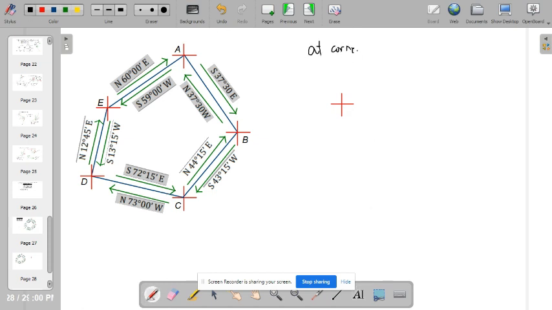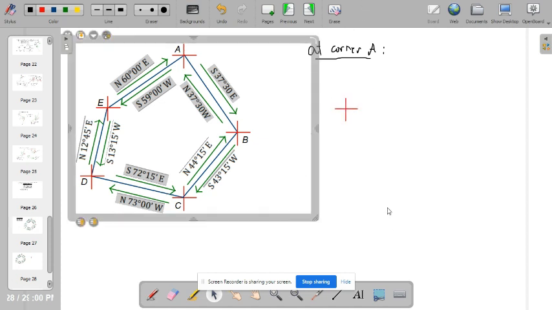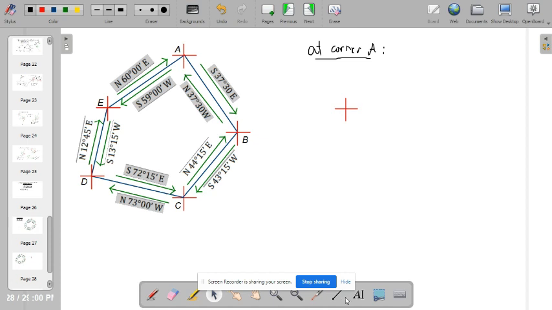Let's say at corner A, our AB is assumed to be correct. So therefore we are going to simply draw that line going to point B. So let's use the blue line. So let's say this is point B, and then we drew the line here, A to B.